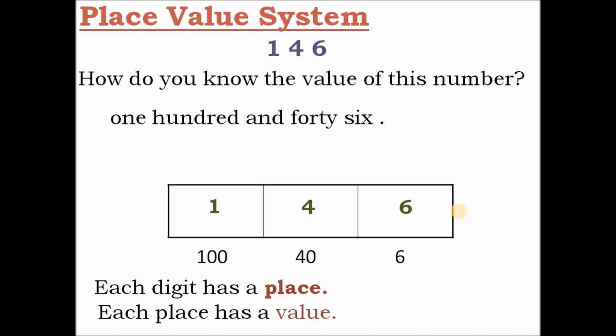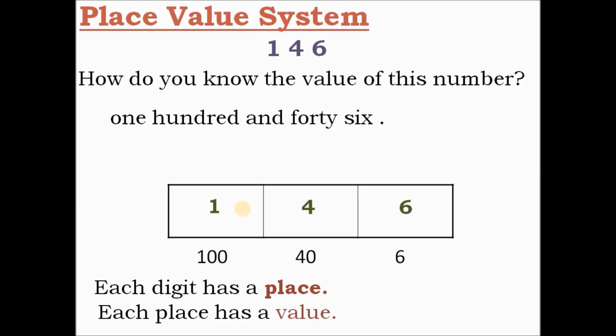When I start writing the places of these digits, I will start from the right hand side. On the right hand side, the first digit 6 is in the units place, also called the ones place. Then the next digit, 4, is in the tens place, whereas the digit 1 is in the hundreds place.